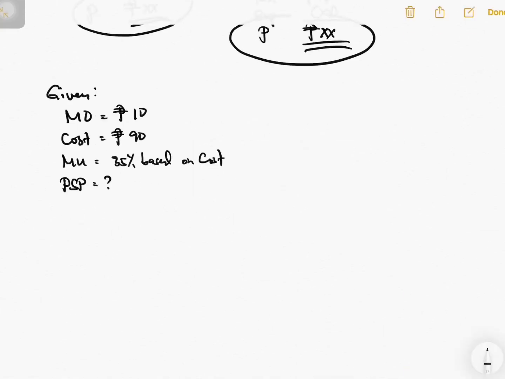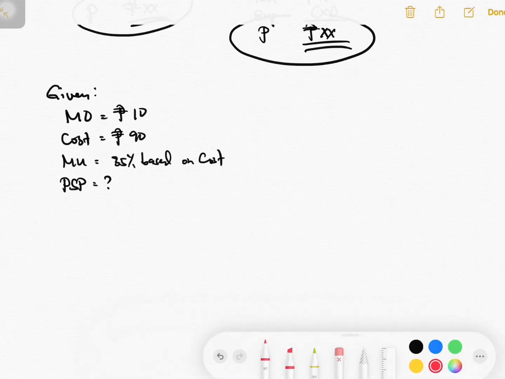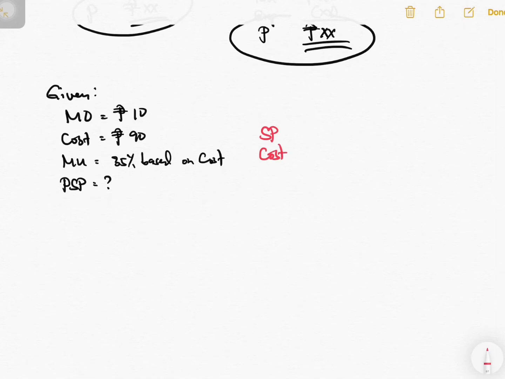Okay, so this is the given. You are given a mark-on of 10 pesos, cost of 90 pesos, markup is 35% based on cost. And you are tasked to compute the peak selling price, meaning the new selling price. So let's do the column for without mark-on first. Selling price minus cost to get the markup.